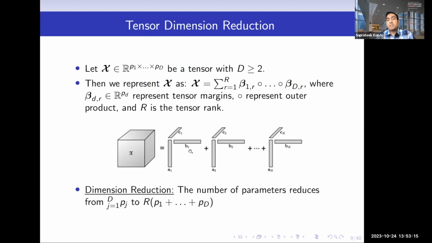So you can immediately see that the number of parameters reduces from the product of P1 to PD to a simple sum of P1 to PD times the tensor rank, right? So if you have an image that is, I don't know, 100 times 100 times 100, that's a cube, you would reduce the number of parameters from 100 times 100 times 100 to just 300 times the tensor rank. The tensor rank's usually fairly small, 5, 7, 10 maybe.